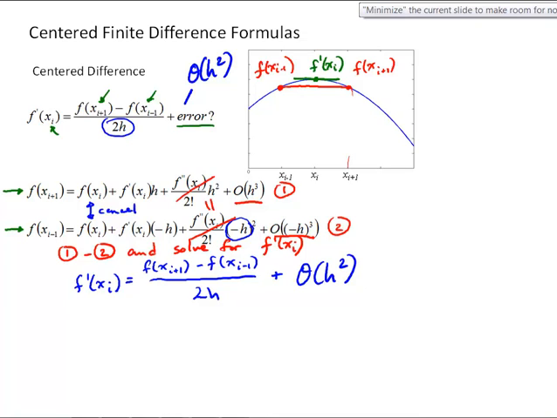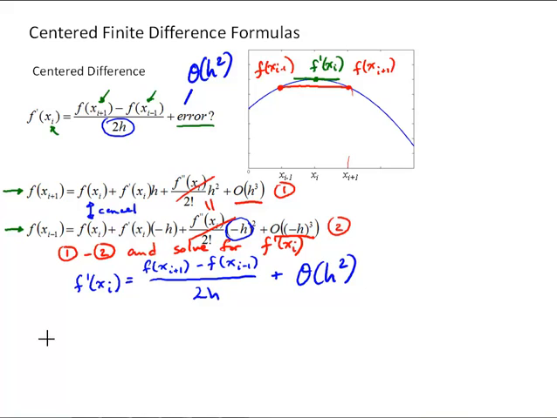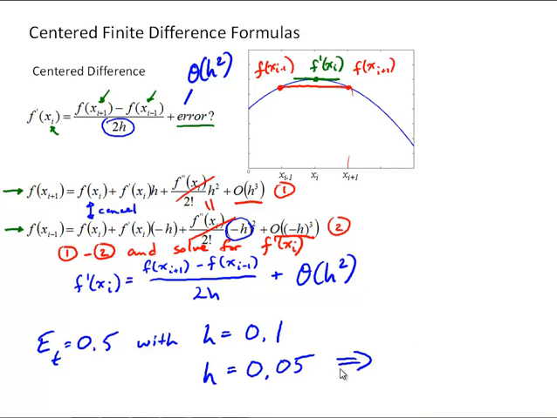So what that's going to mean is, in that same case, if we started with an error of 0.5 with h equal 0.1, and then we reduce h to 0.05, basically cutting h in half, then since this is h over 2, our new error E_T is going to be equal to the old error, 0.5, divided by 2 squared.